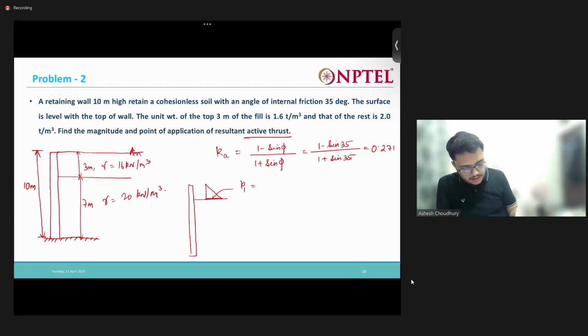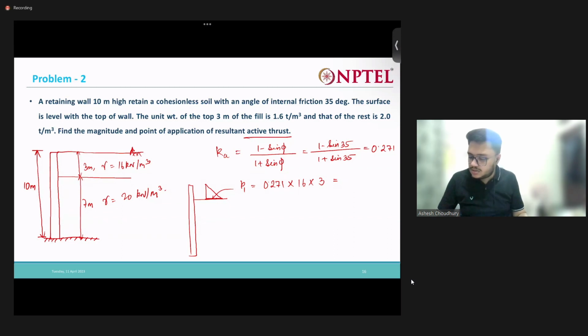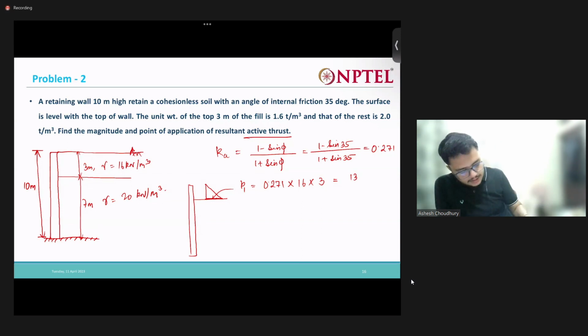Ka into 7 into 16 into 3, right? So it will be how much? 13. Okay, 13 kilonewton per meter square.